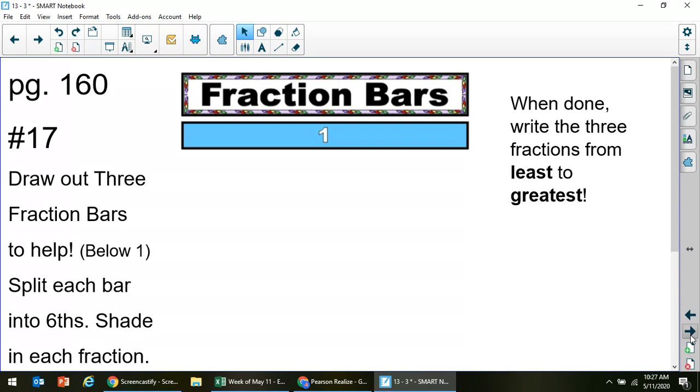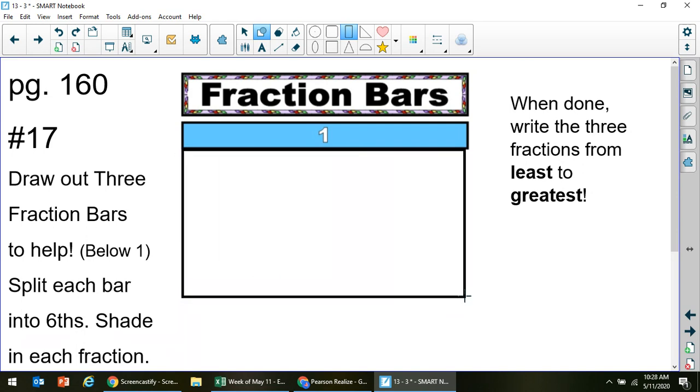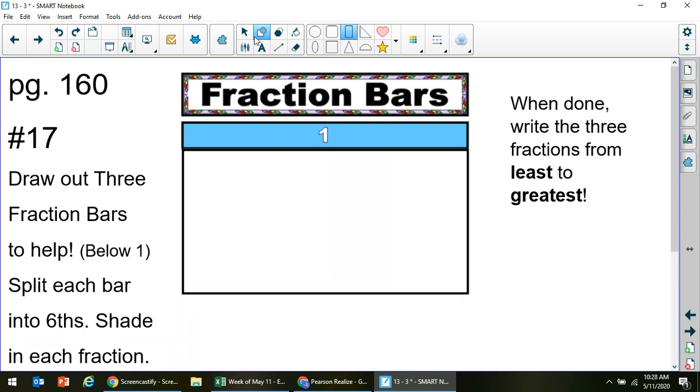For 17, it's asking you to show the following fractions: 4/6, 1/6, and 5/6. It's asking you to draw these out. Guys, just like what I just did, use the whole. Yours is a one red whole. Draw right below it a large fraction strip. Then split it into 3.